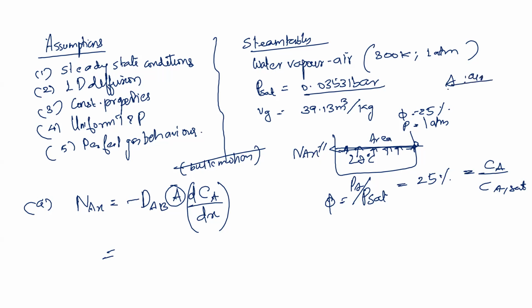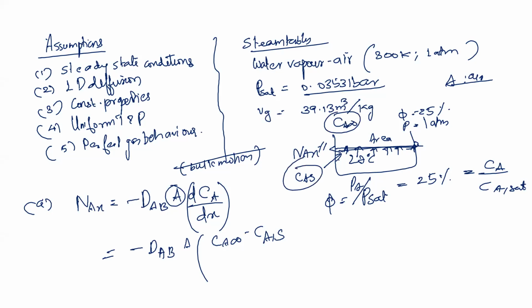So B is our liquid. So this expression can be also written as minus DAB into A into Ca infinity minus Ca surface. So there is a concentration here at the surface and a concentration here in the ambient, due to which the diffusion of the vapor happens from higher concentration to lower concentration. So it will be in this direction.